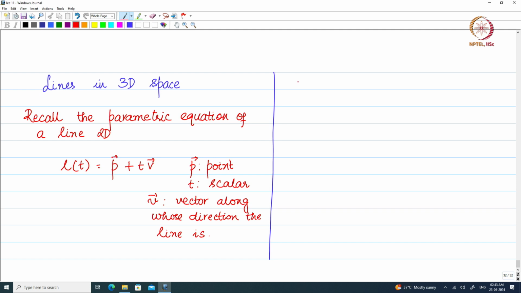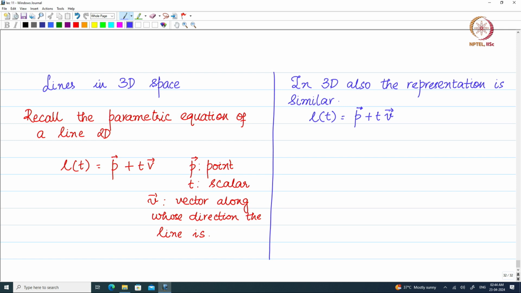So, in 3D also the representation is similar, in the sense we can say L of t is equal to a specific point P plus a scalar multiple of a vector v, but the only thing is that P is going to be a 3 component fellow.